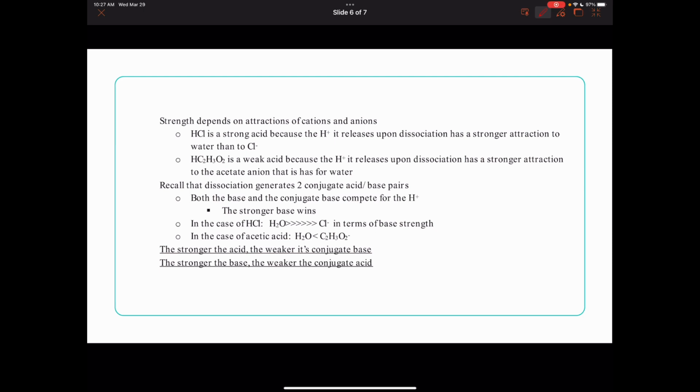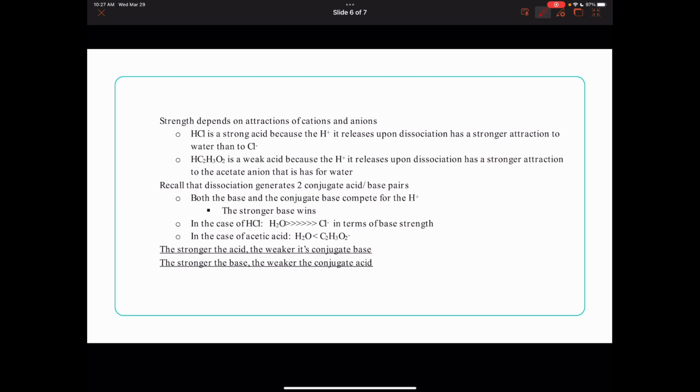So anytime we have dissociation, remember we get pairs. We get our two conjugate acid-base pairs. Both the base and the conjugate base are going to compete for hydrogen. The stronger base wins. So we put an acid into water, water's the base, the acid releases a conjugate base, they compete. If water's stronger, it stays dissociated.